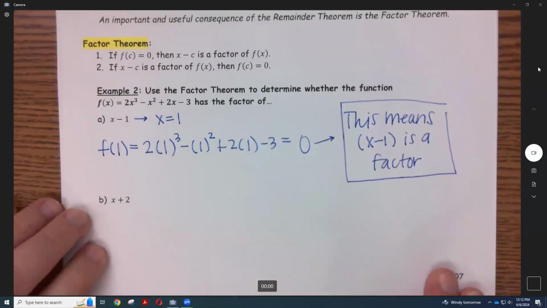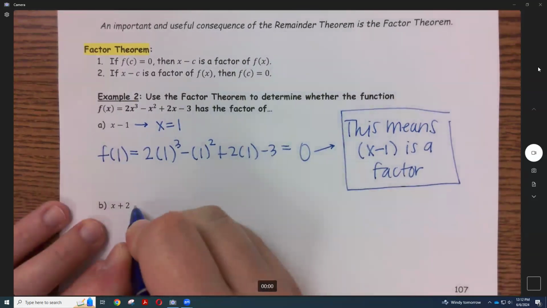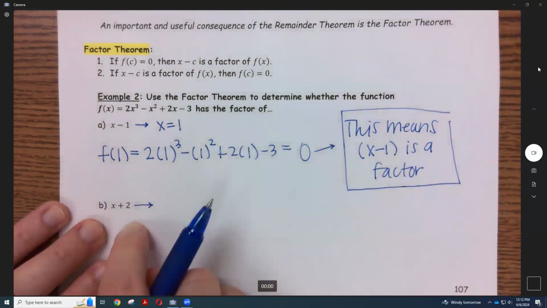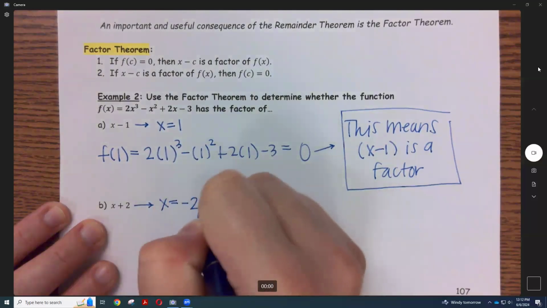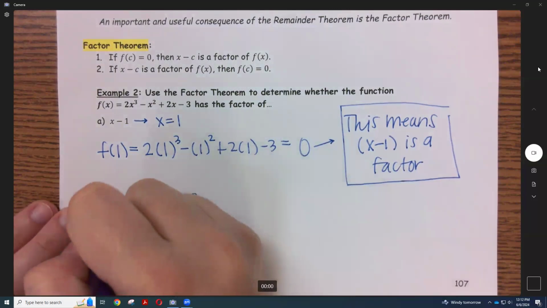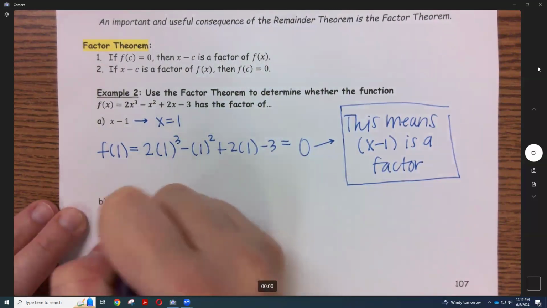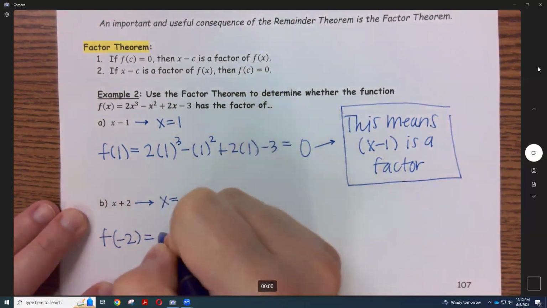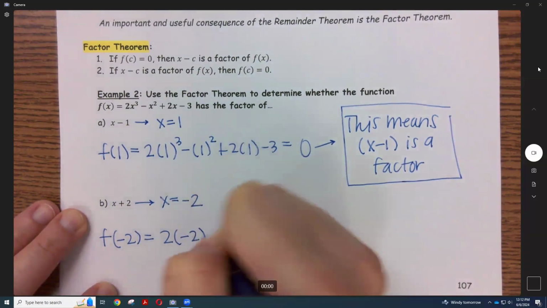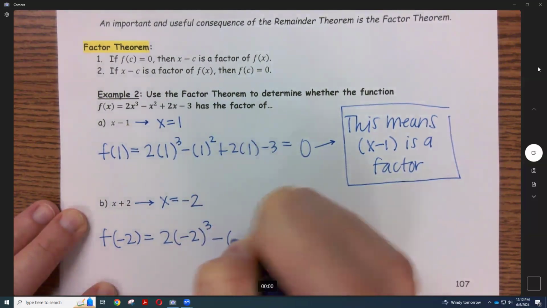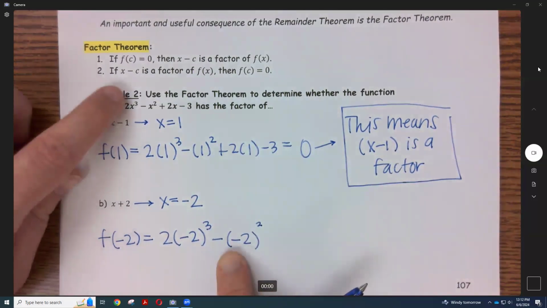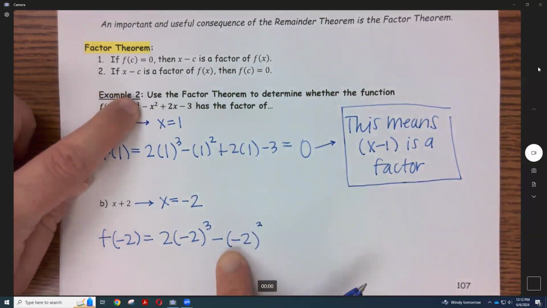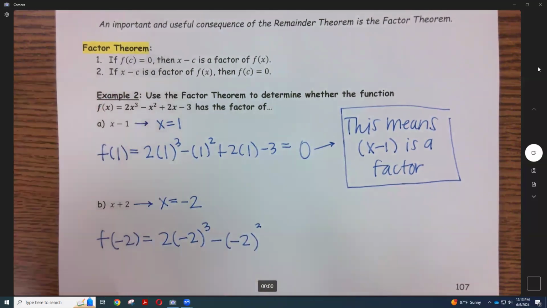Okay, so let's see if x plus 2 is also a factor. When we have x plus 2, that means x equals -2. So now I need to find f of -2. So I'm plugging in a -2 for all of those x's. And here we have a double negative, minus from the function, and then what I am substituting in is the negative.